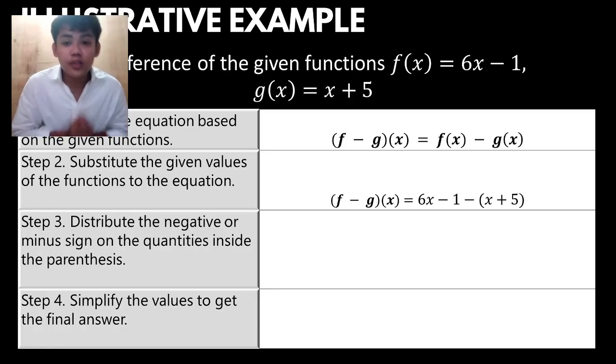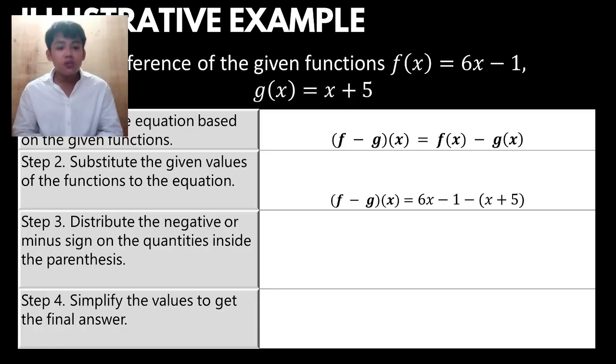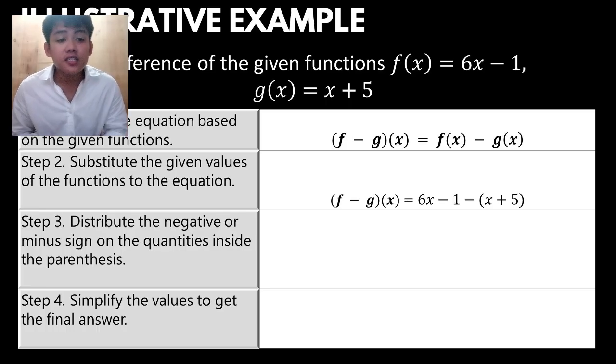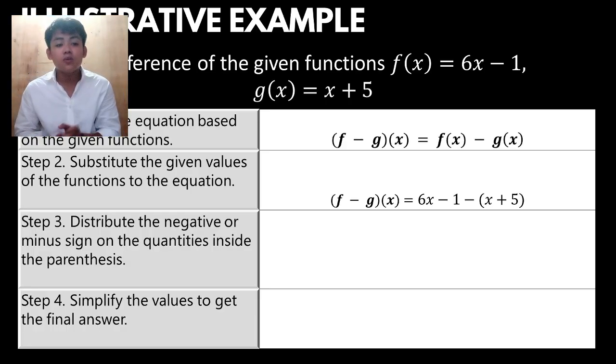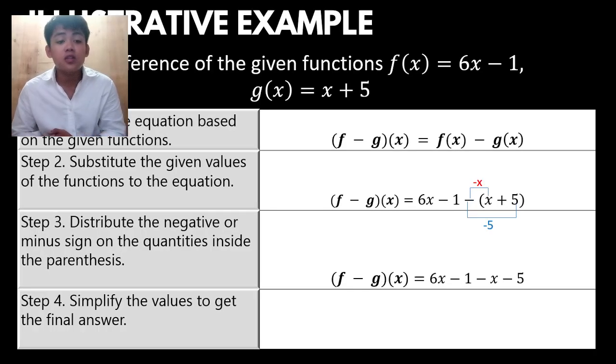So here is the trickier part, the third step, which is to distribute the negative sign or the minus sign on the quantities inside the parentheses. As you can see in the equation, we have a negative sign in front of the parentheses. So we distribute the negative sign to the positive x, which results in negative x, then distribute the negative sign again to the positive 5, which results in negative 5. So we have here the equation 6x minus 1, minus x, minus 5.